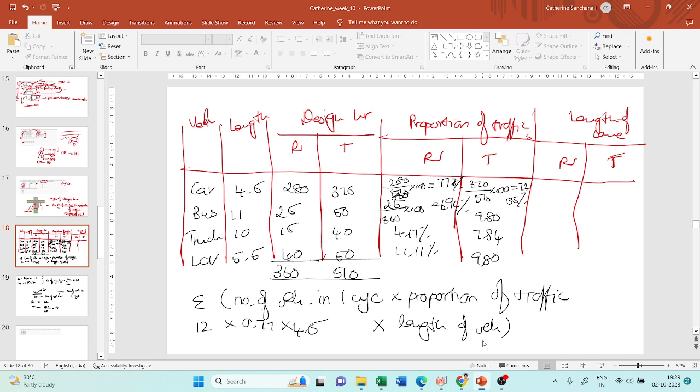Instead of 360, we have to take the individual vehicle, like 280 divided by 30, 25 divided by 30, like that we have to take.